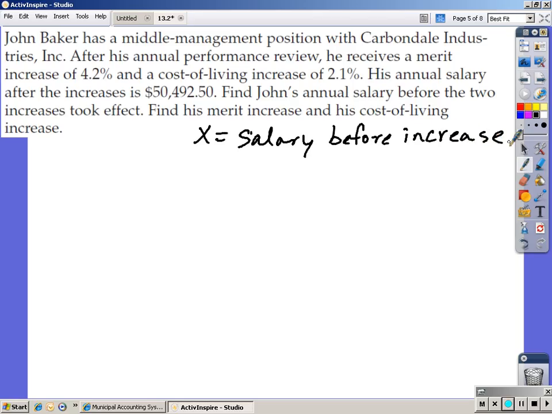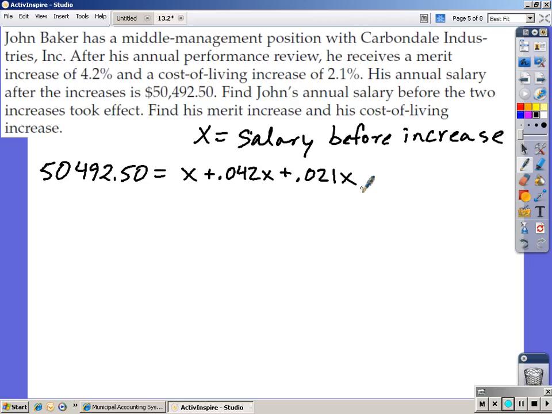Now, take your salary after the increases, $50,492.50, and set that equal to essentially what our formula is, which was the present salary, represented by X, plus the first one, the merit increase of 0.042X, plus the cost of living increase, which is 0.021X.